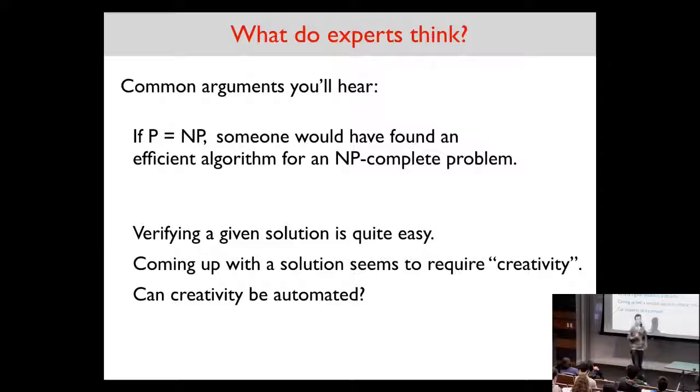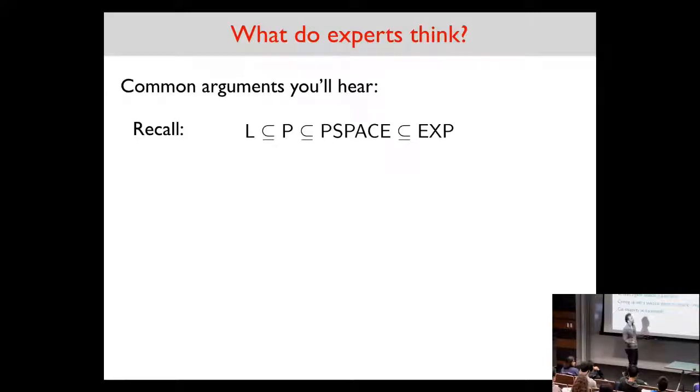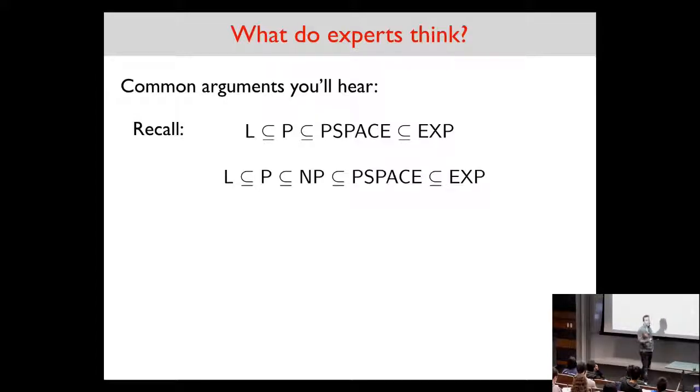For me personally, the most convincing argument, the one that flips the scales towards P different from NP, is the following one. So recall this complexity class inclusion. We saw that log space is contained in P, is contained in PSPACE, is contained in EXP. And now if you ask, where does NP lie in this chain? Here it is.